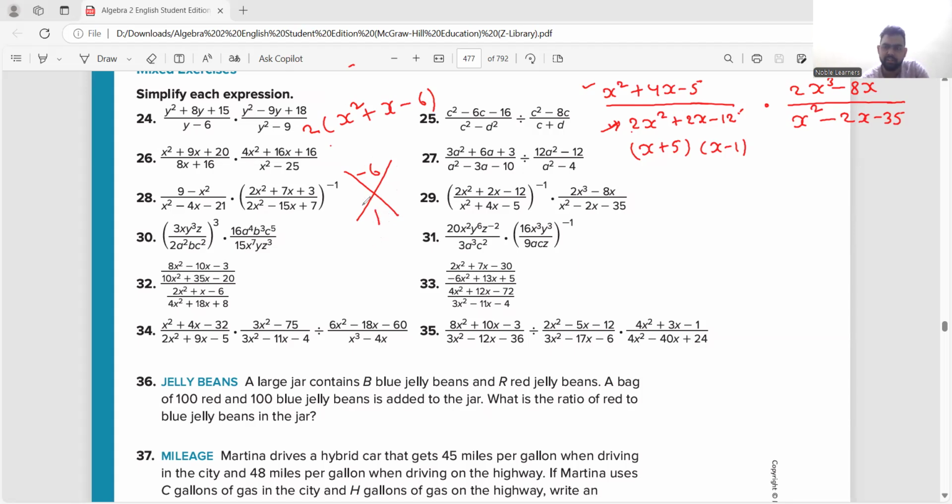That's really easy. 3 and minus 2. And 2 is a factor outside, right? So you'll write 2 times x plus 3 and x minus 2. Get my point, right?